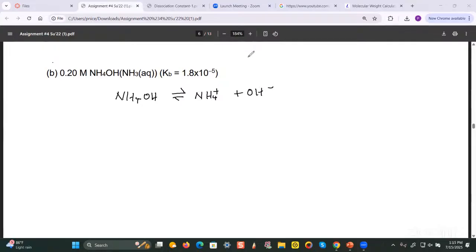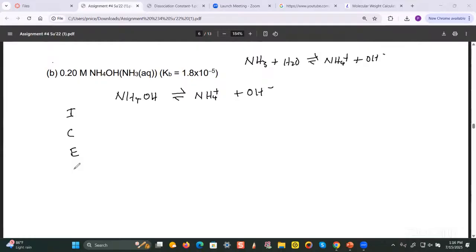Another way of doing this is NH3 plus H2O to give NH4 plus OH minus. So that's another way of doing the same thing. All right, so I'm going to use this way, right? So I'm going to start us off and let me hear what you have to contribute in answering this question.